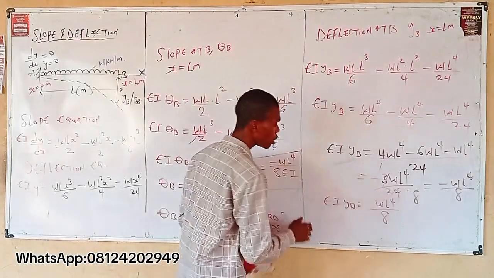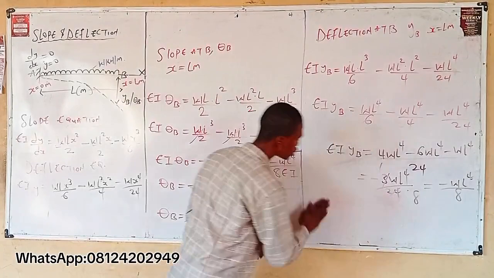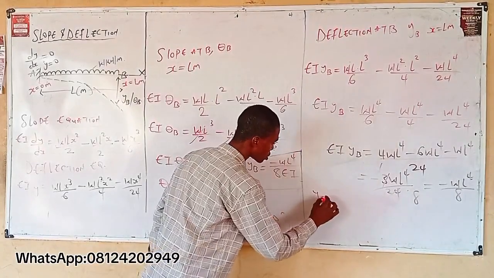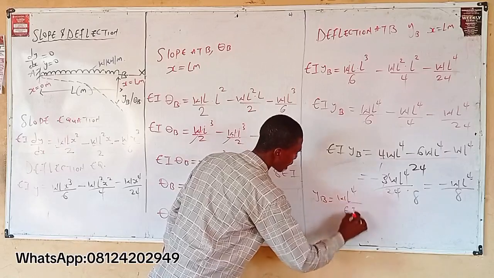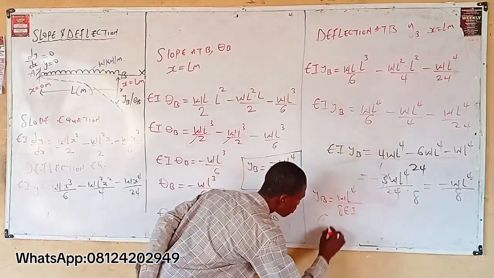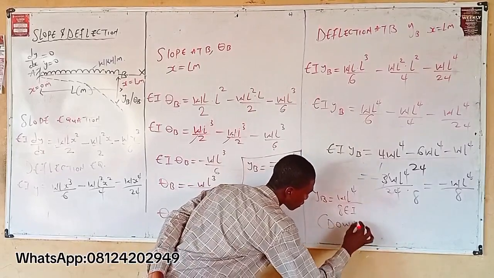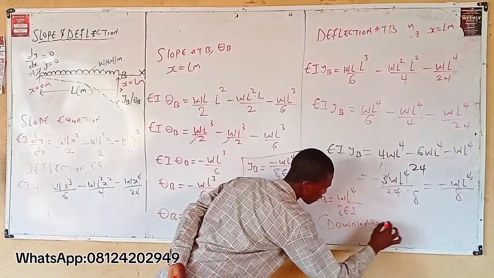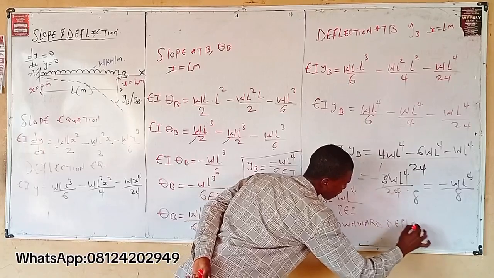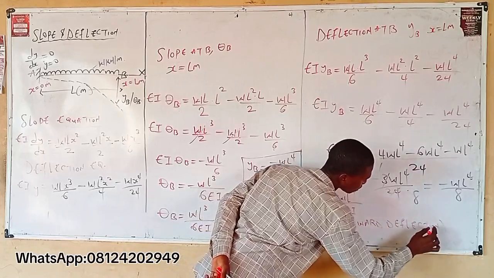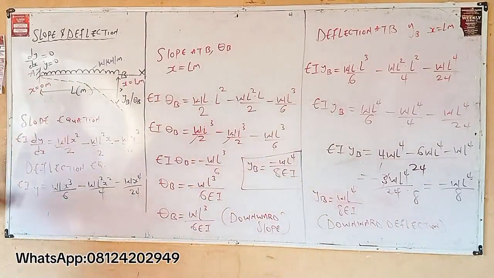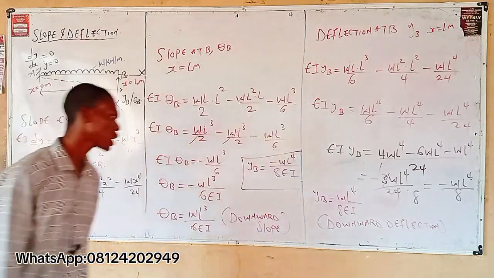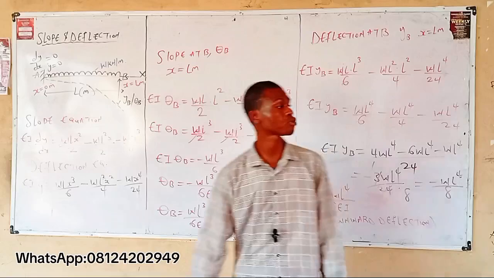So the magnitude YB is WL raised to power 4 over 8 EI, open bracket, downward deflection. Then by the time you look at this beam, you see that it deflected in the downward nature. So that's it. Come to the end of this video.